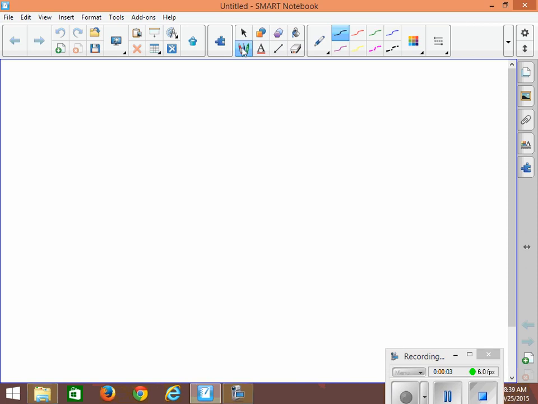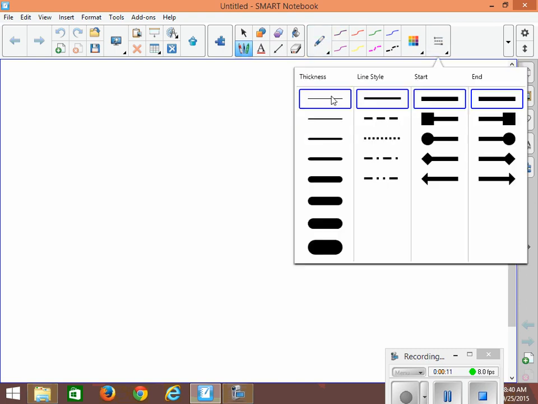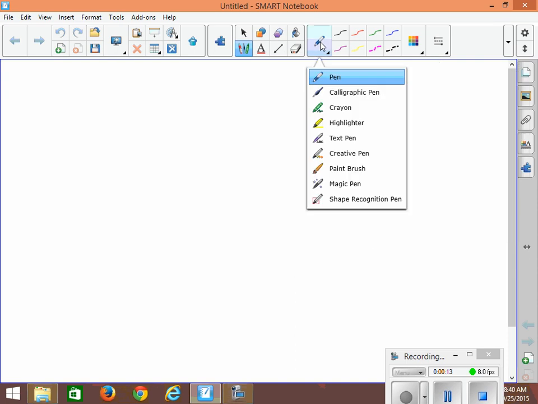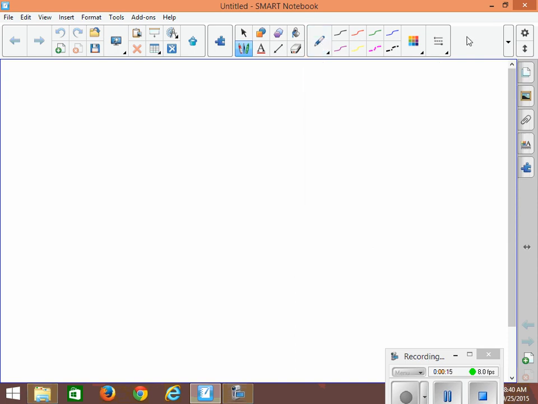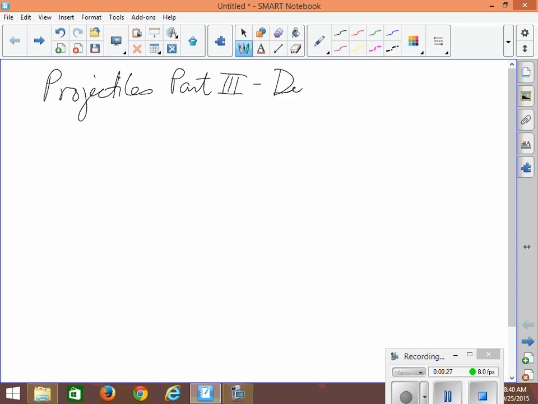Okay, this is Projectiles Part 3, and we are going to look at the challenge of determining an angle for a projectile with given information. So let's just draw the title here, Projectiles Part 3, determining the angle.